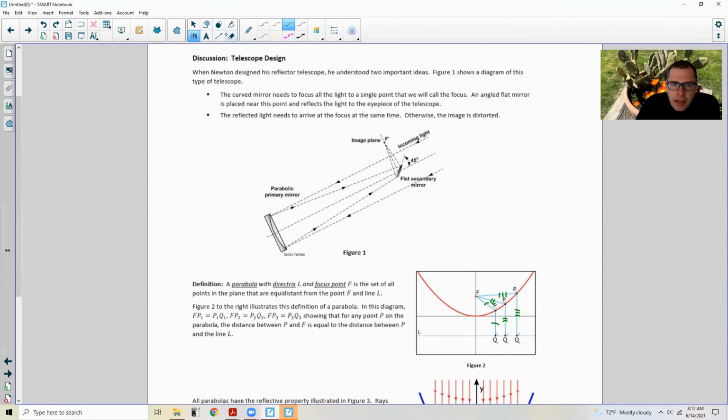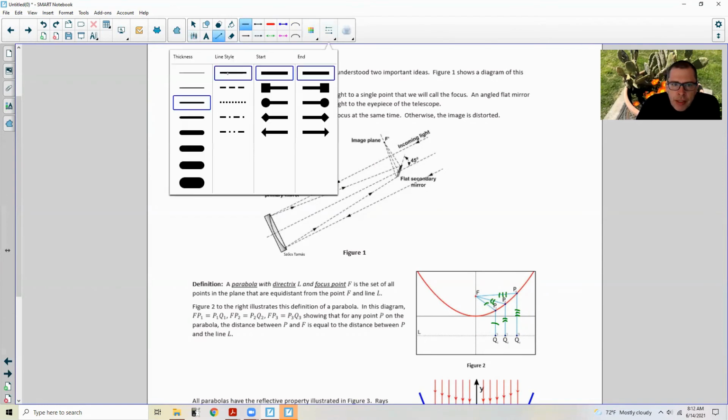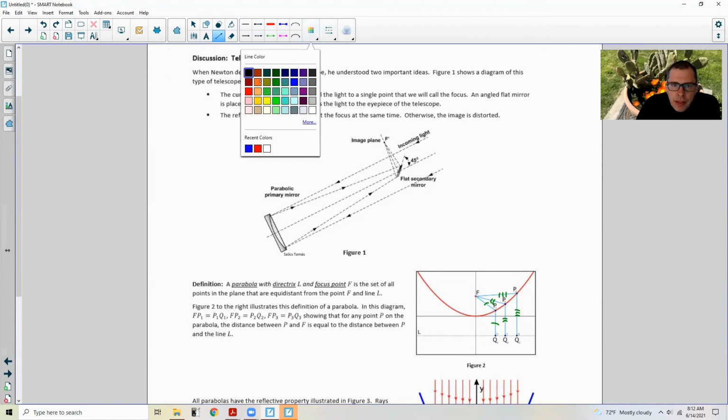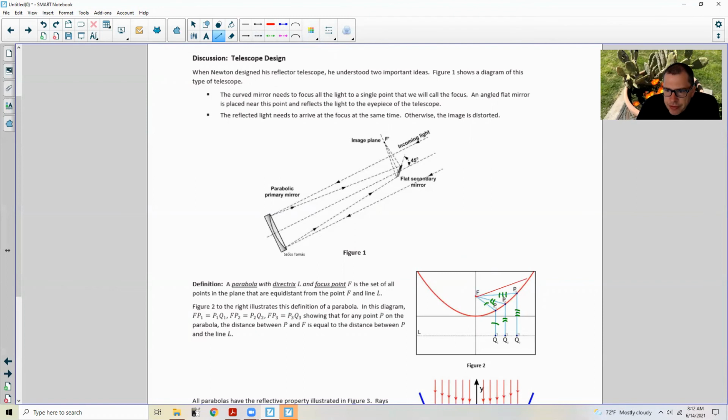So if I then, for example, drew one more line segment, let's do it in red, and I started right on the F and I go over like so, then that line segment I just drew would be the same length as this line segment down here.